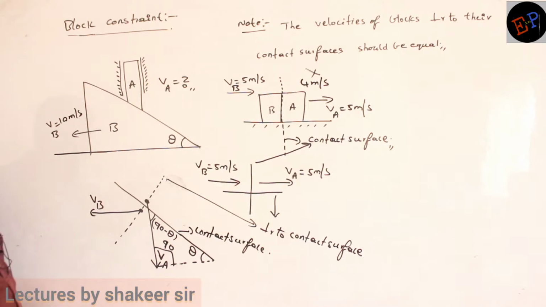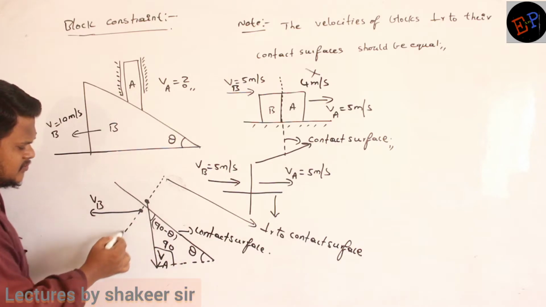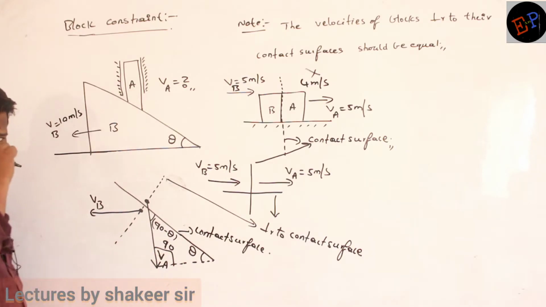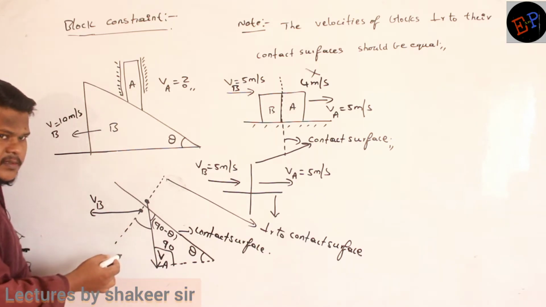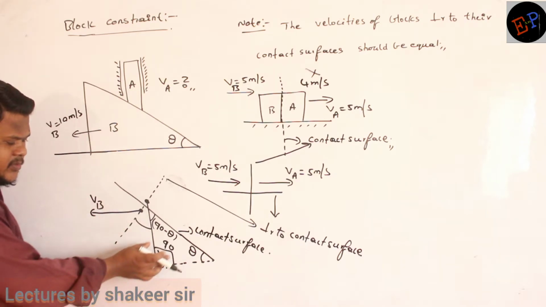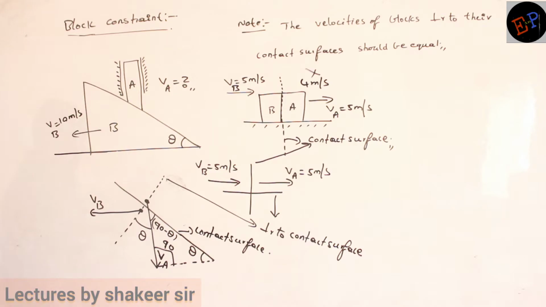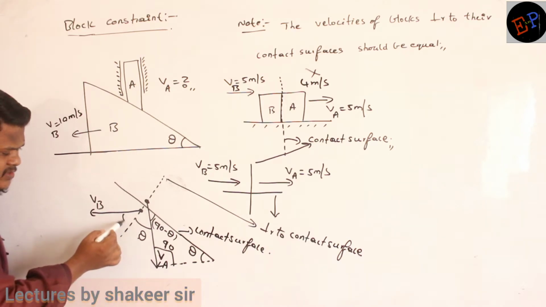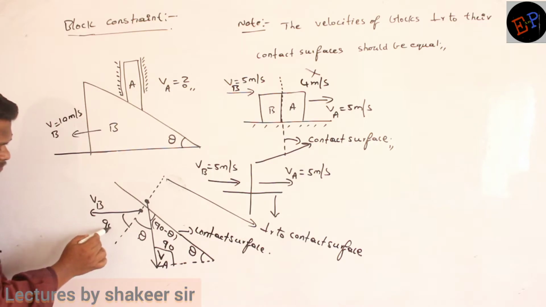Similarly, this line and this line are perpendicular, no? The contact surface and the perpendicular to the contact surface are at an angle of 90. So what is this angle? From 90, you remove 90 minus theta, so this angle is theta. Then these two lines are again perpendicular, so if this is theta, this angle is 90 minus theta.